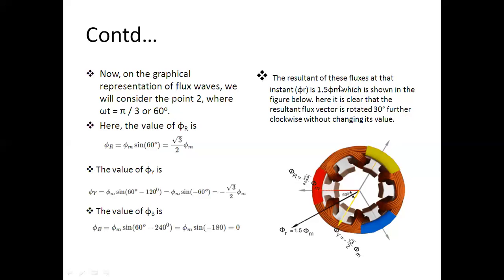So it is clear that the resultant of these three fluxes at that instant is 1.5 phi m, which is shown in this figure, and the resultant vector is rotated 30 degree further in the clockwise direction without changing its value. The magnitude remains the same, but it is rotated in the clockwise direction by an angle of 30 degree when omega t equal to 60 degree.